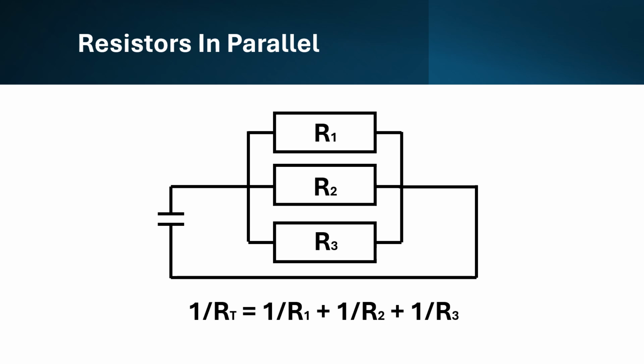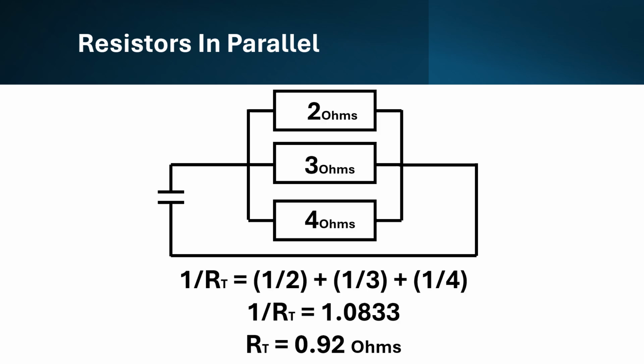Resistors in parallel. This is where it branches off into different pathways that the current can take. The equation looks like 1 over total resistance equals 1 over resistor 1, plus 1 over resistor 2, plus 1 over resistor 3.